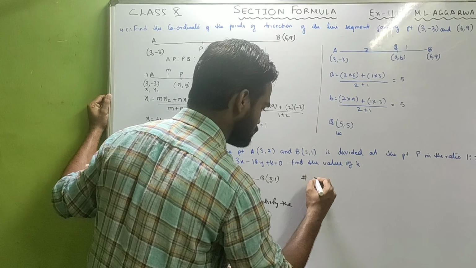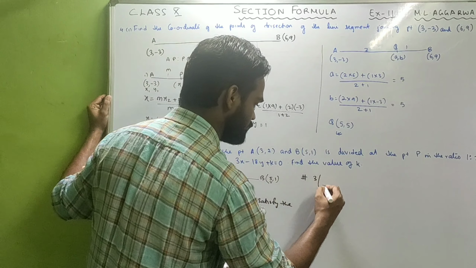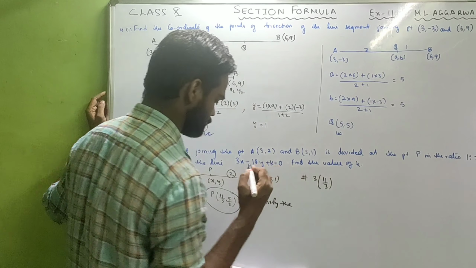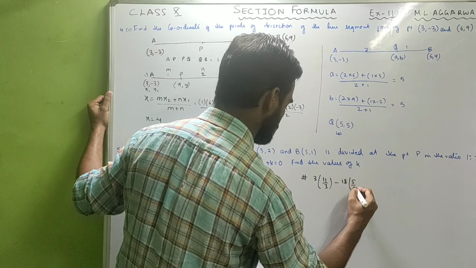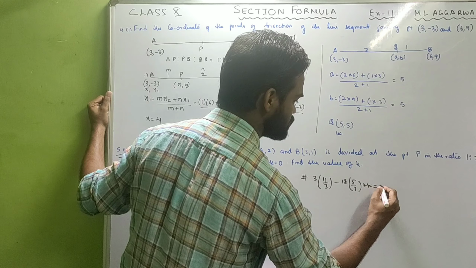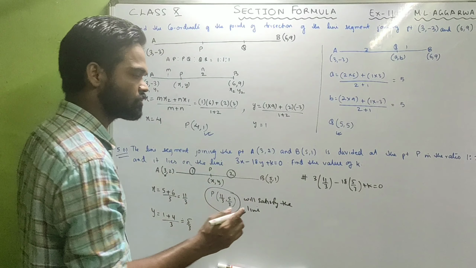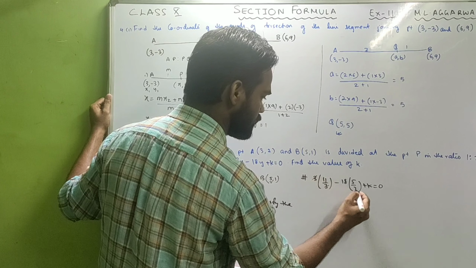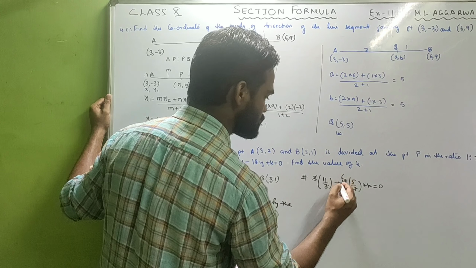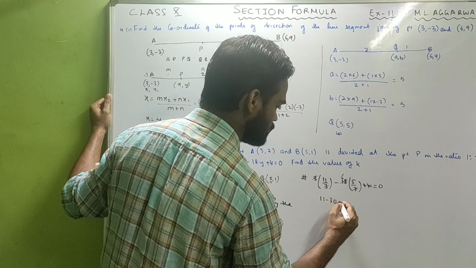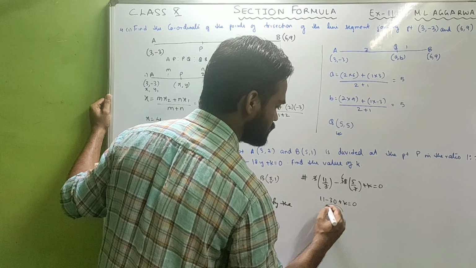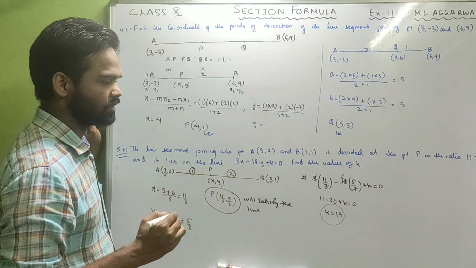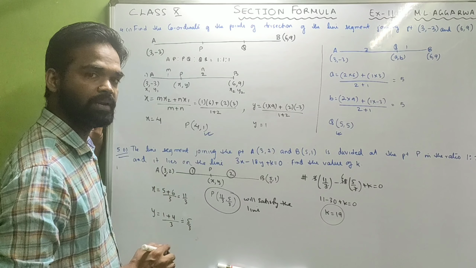Since the point lies on the line, 3 times 11/3 minus 18 times 5/3 plus k. See, this becomes an equation in k. We can easily solve it. So that's 11 minus 30 plus k equals 0, which means k equals 19. That's the answer. Clear? Now let us look at the next sum.